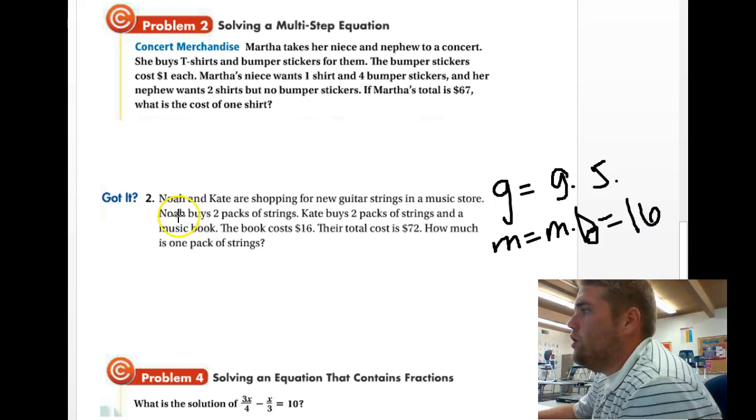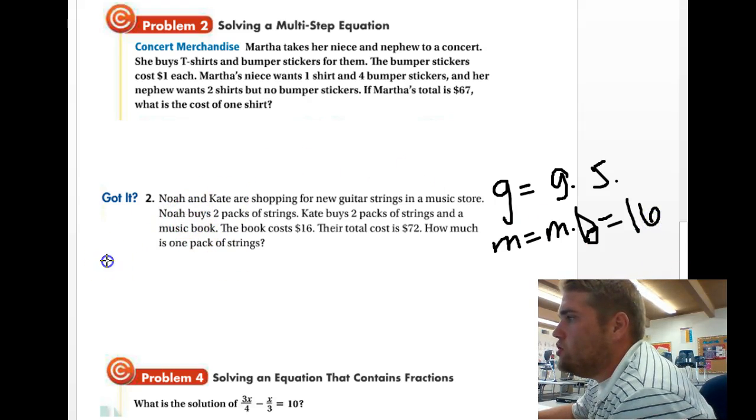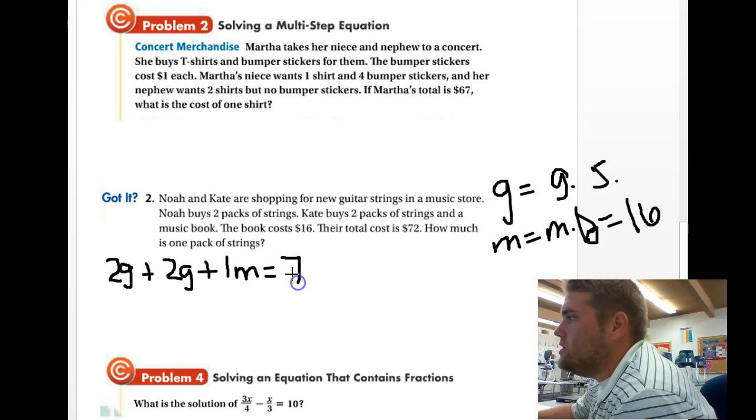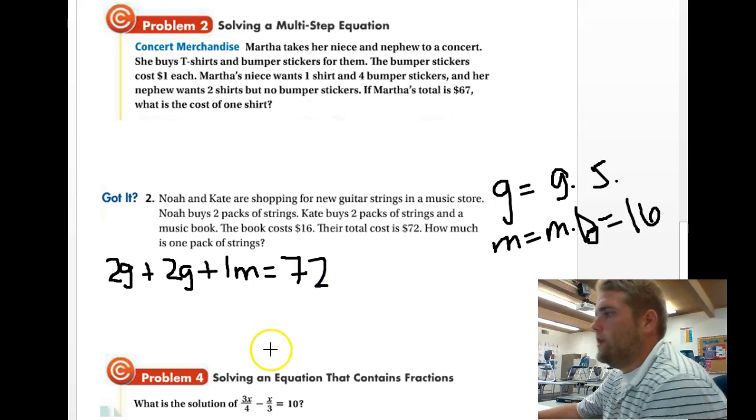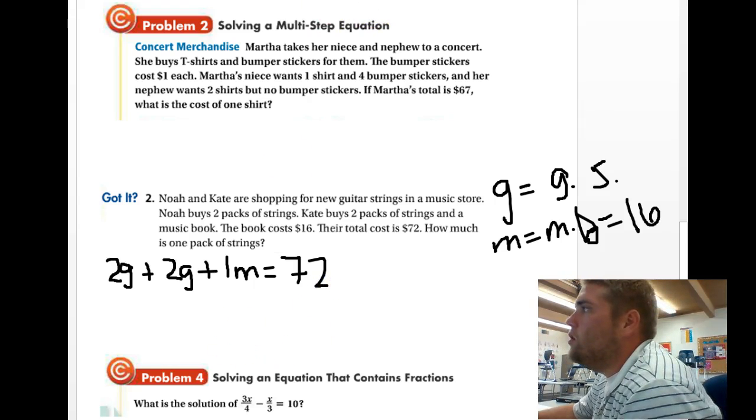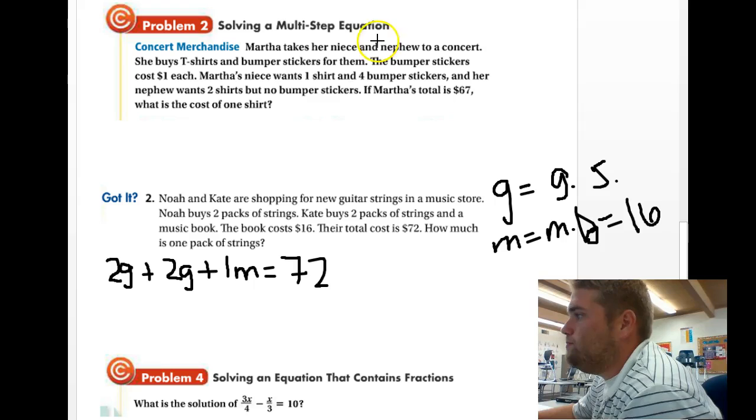Noah buys 2 packs, so 2 guitar strings, plus Kate buys 2 guitar strings plus 1 music book. Their total is 72. So now we've got to combine our like terms.